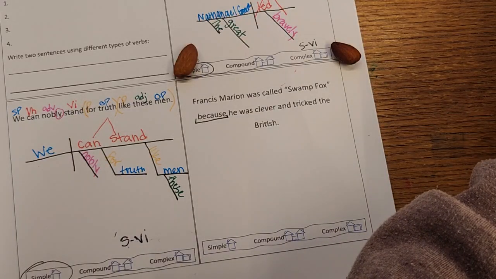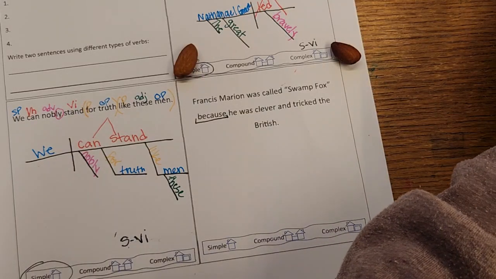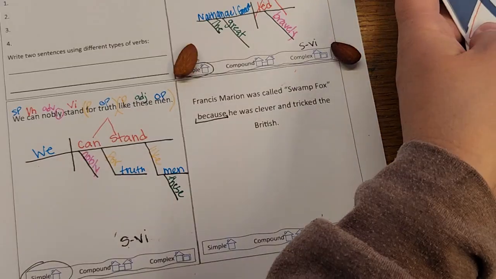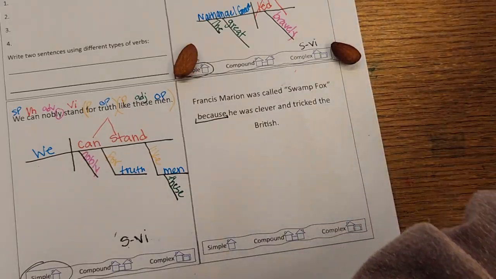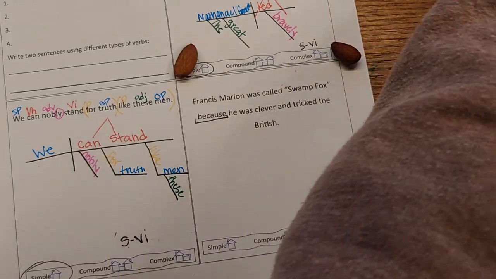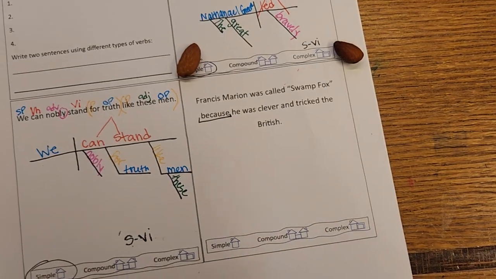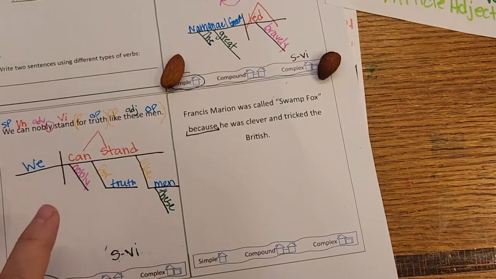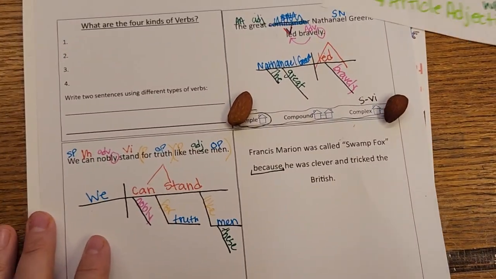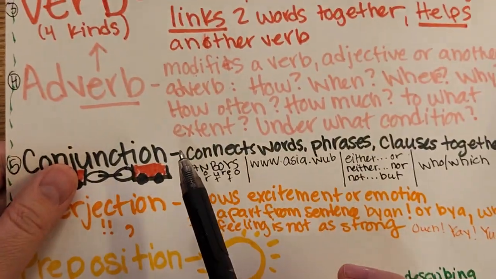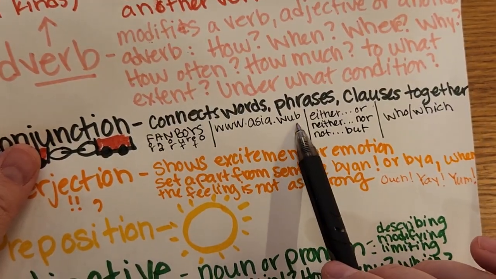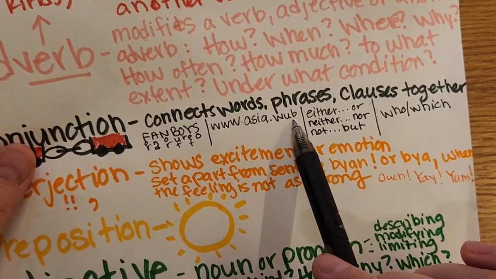conjunction. And let's look real quick at our, where's my verb chart? I don't know where it went. Hold on. Not my verb chart, my conjunctions. Okay, so let's look here at our conjunctions. Okay, so this is because.